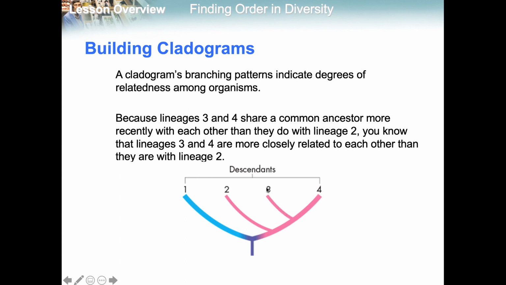So they are more closely related, 3 and 4, than 2. 4 is the most closely related to the ancestor because it split off into this limb. Then from that limb, 3 branched off, so it's more closely related to 4, and 4 is more closely related to the common ancestor. Hopefully you understood that. If not, ask me or Miss Samayoa during class.